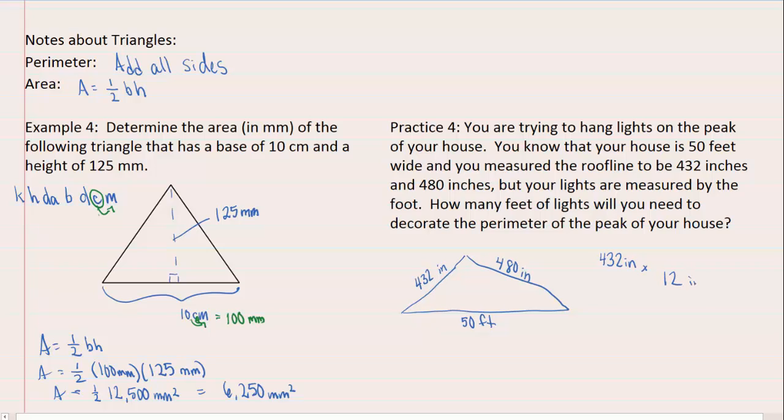Remembering that there are 12 inches in 1 foot, we can convert this. 432 over 12 feet. 432 divided by 12 will give us 36 feet. So 36 feet is equivalent to 432 inches.